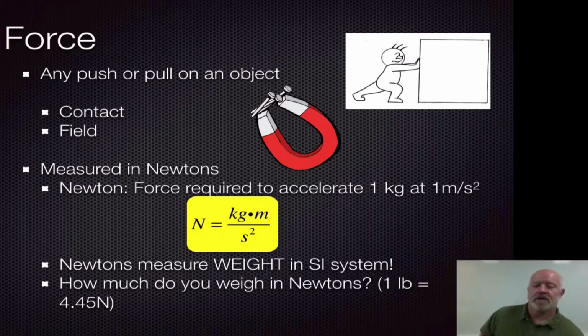Now, forces are measured in a unit called newtons, honoring Sir Isaac Newton, who did a lot of work in this field. To give us a perspective, a newton is the force needed to accelerate 1 kilogram at 1 meter per second squared. So if we had a kilogram mass and we were accelerating it at 1 meter per second squared, we'd be generating 1 newton of force.